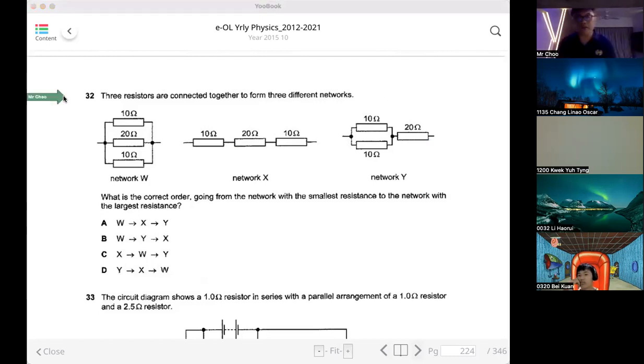So you need to find the resistance of all three. So what's the resistance of all three? Can you all calculate the resistance of W, X, and Y, and give me the answer.